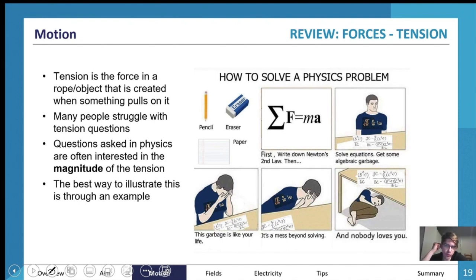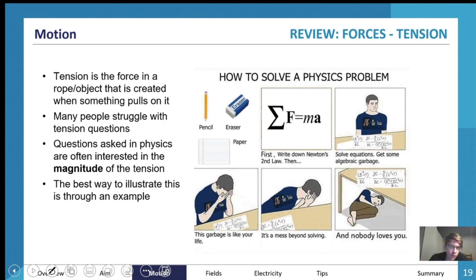And the reason it's a bit of a tricky topic is because tension can be an action-reaction force in itself.